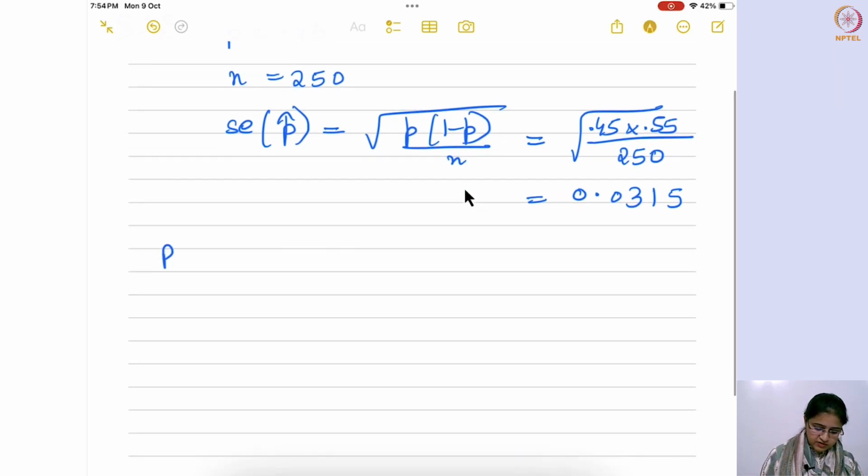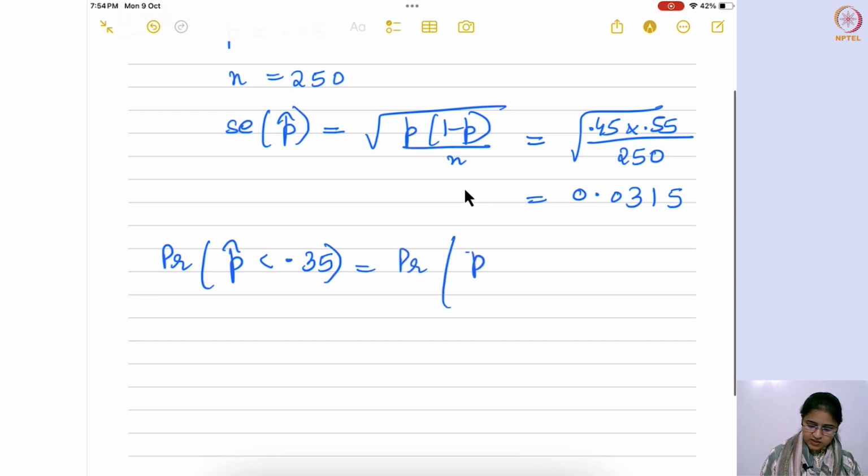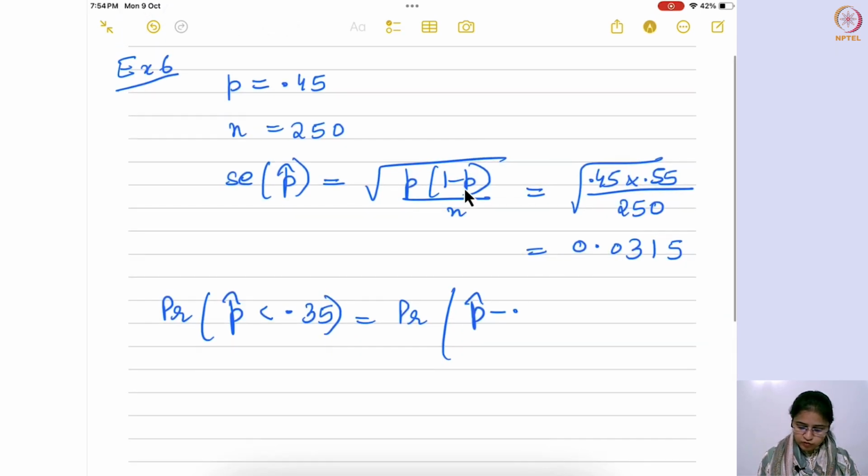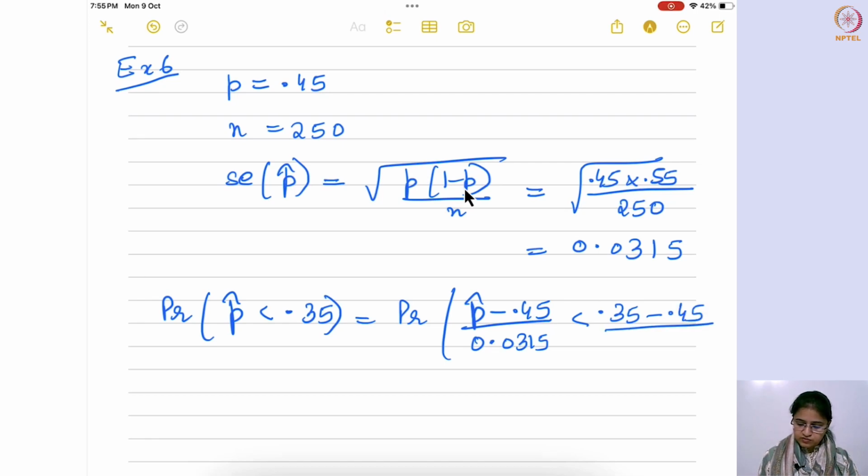And finally, you have to find the probability that P hat is less than 0.35. So this is the probability that P hat minus P, that is 0.45, divided by the standard error 0.0315, is less than 0.35 minus 0.45 divided by the standard error, 0.0315.